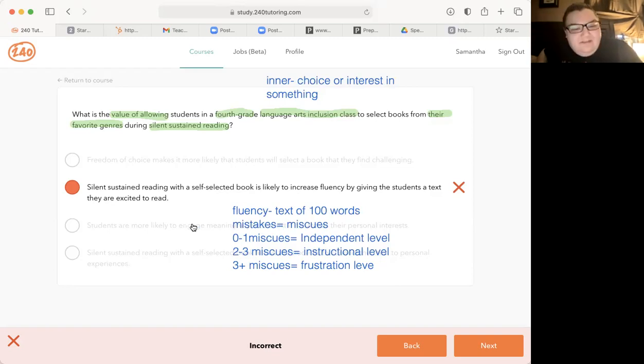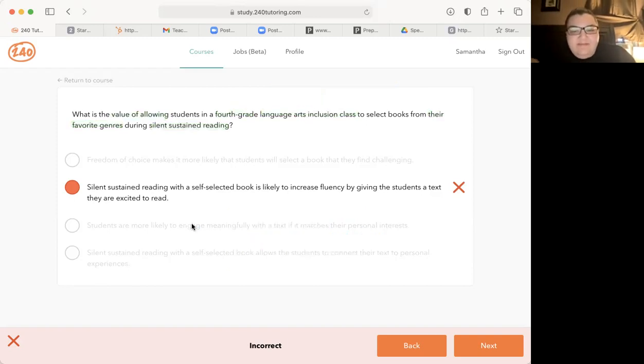They would be more likely to engage with a text if it matches their personal interests. Yeah, they're going to engage meaningfully, which means that they will also connect to it personally, maybe. That might also happen. But the best answer, the value, is that they're going to engage with it in a meaningful way in our classroom.